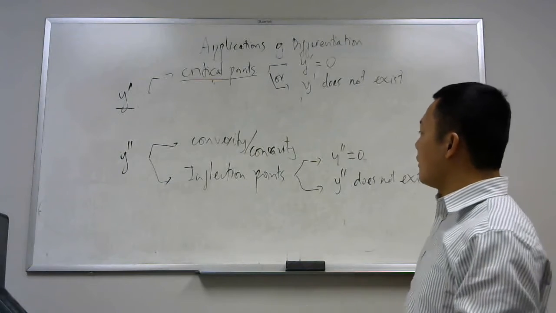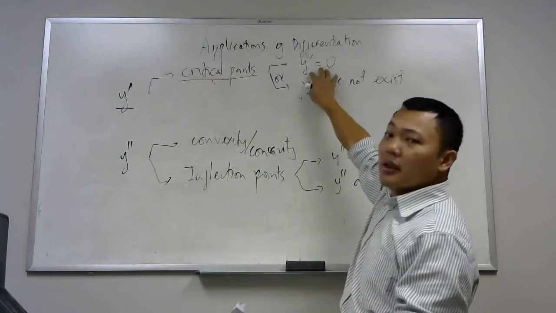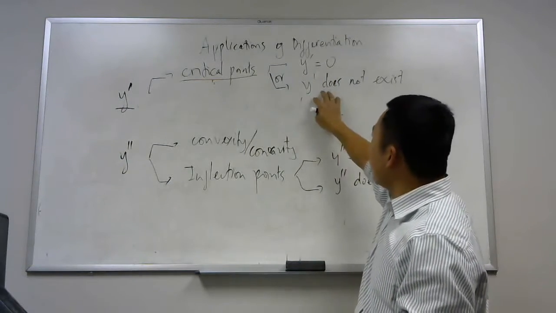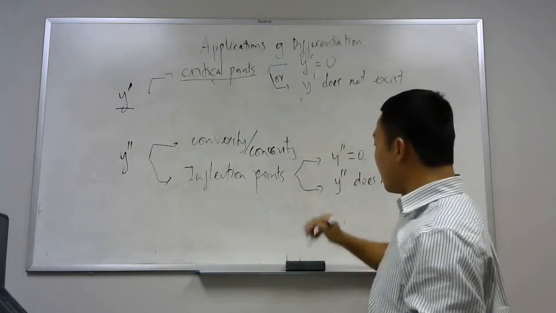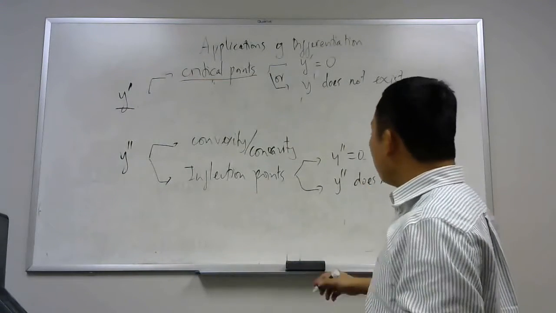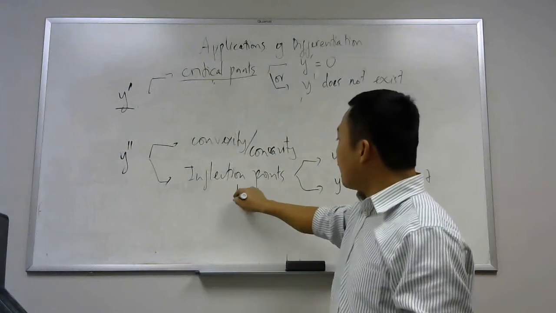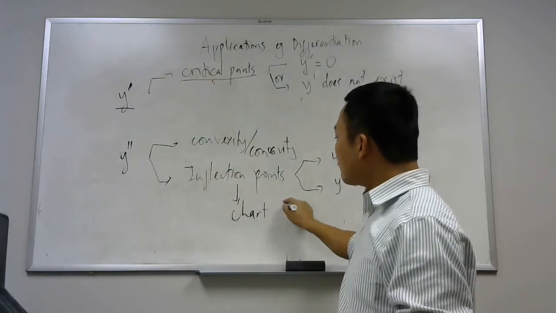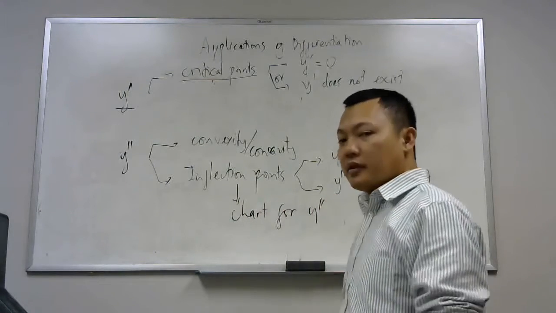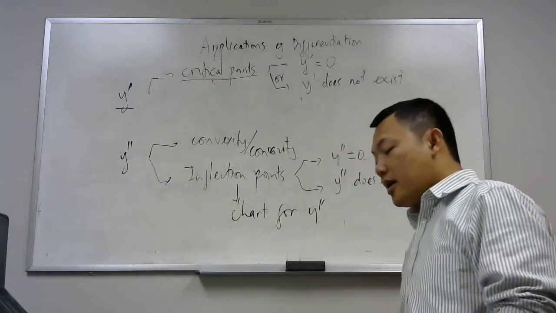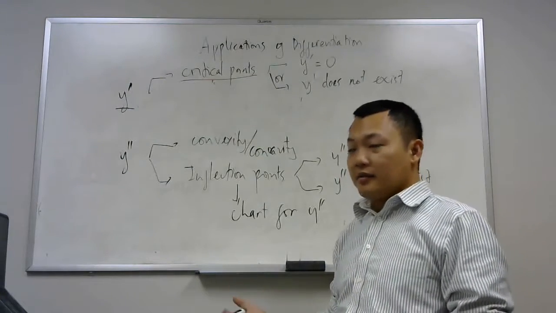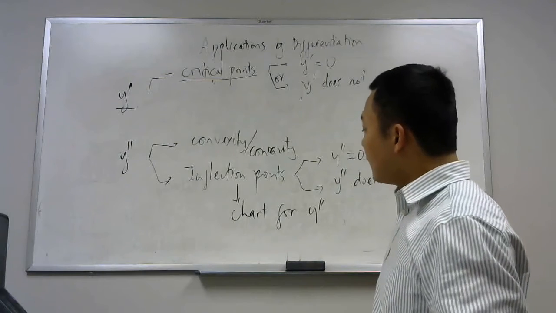Some students just forget. Yeah, we put everything equal to 0, that's good. But sometimes we forget about this case, right? Don't forget about that. And then thanks to this, you make the chart for the second derivative. Again, you need to consider where the second derivative is negative, where the second derivative is positive.